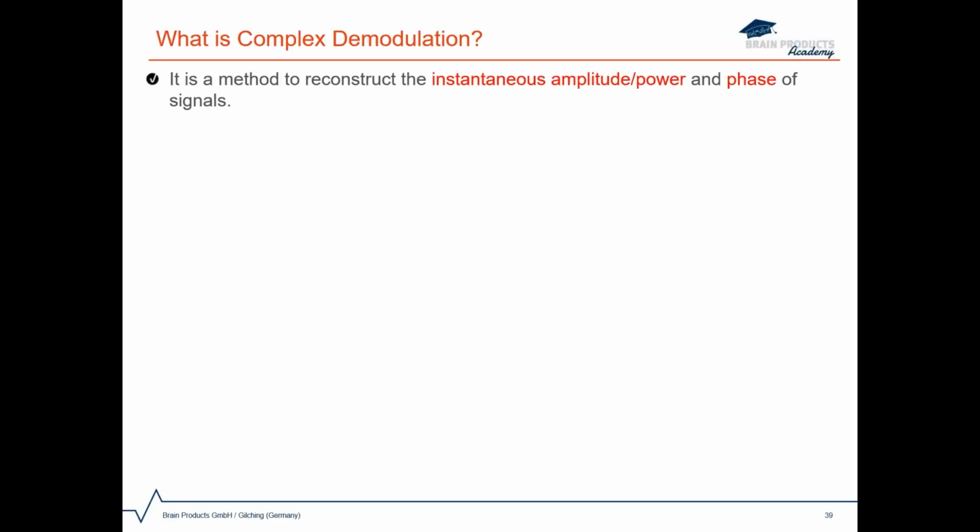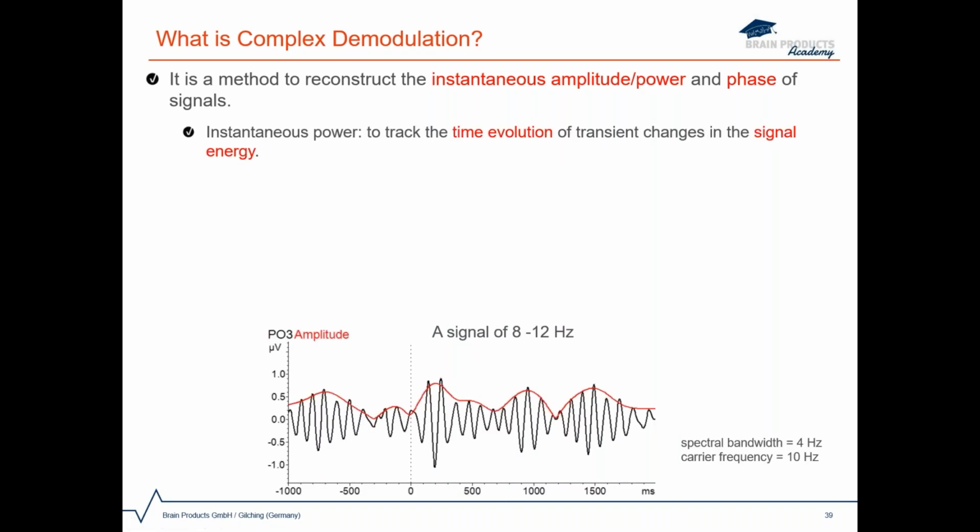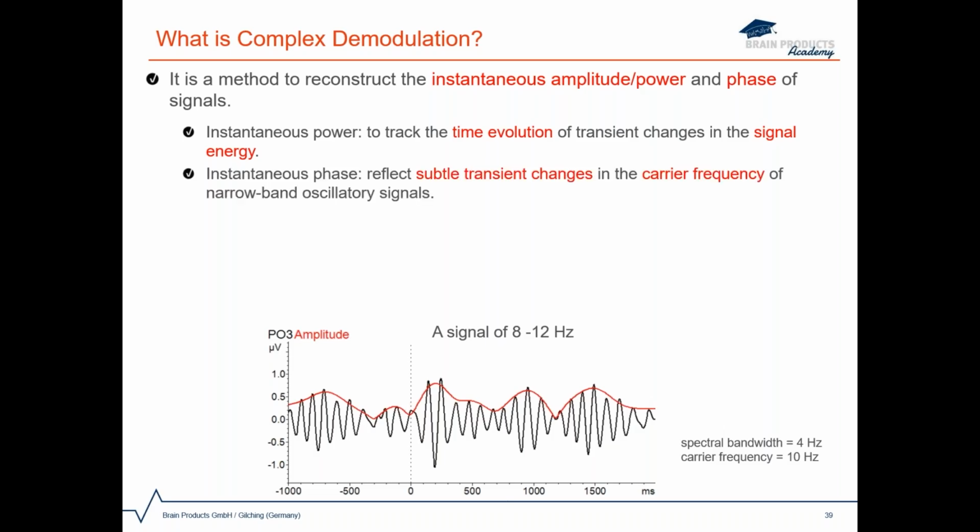Complex demodulation is a method to reconstruct the instantaneous power and phase of signals. Instantaneous power helps us to track the time evolution of transient changes in the signal energy, while the instantaneous phase can reflect subtle transient changes in the carrier frequency of narrowband oscillatory signals.